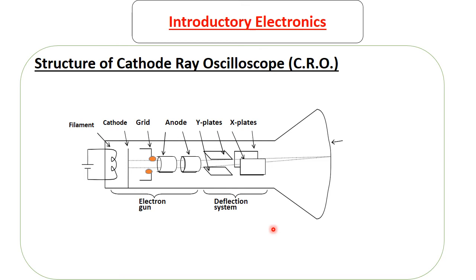When you tune, if you want your screen or image to be brighter, it's going to allow more electrons to pass through it. But if you want your image to be less bright, it's going to allow some electrons and block some electrons. So that's the purpose of the grid.